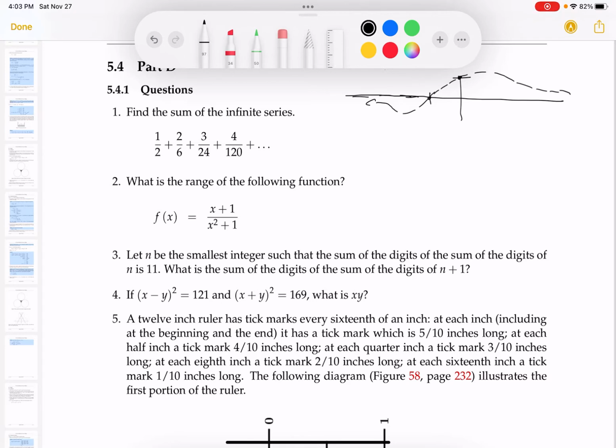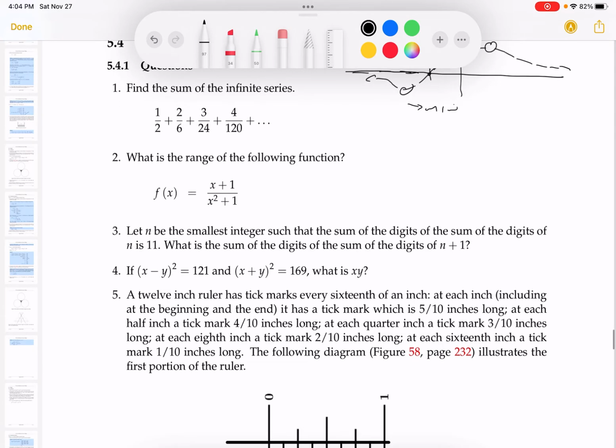Looking at it, I've got a gut feeling there's going to be a maximum over here and a minimum over here. And if I know that, I know the range. So what I'm going to do is use calculus to do it. You could use pre-calculus. I'm going to use calculus. So I'm going to say f prime.